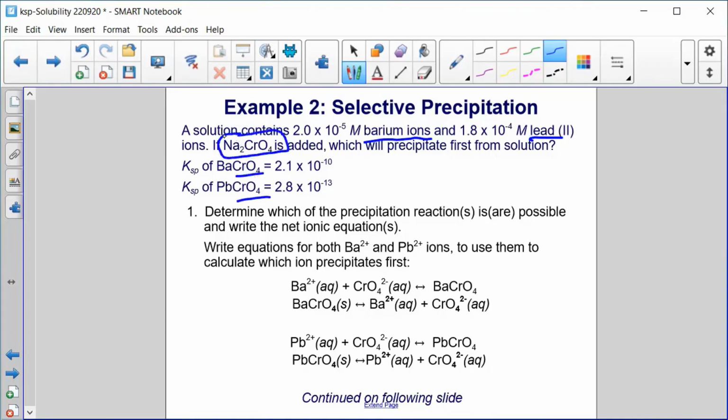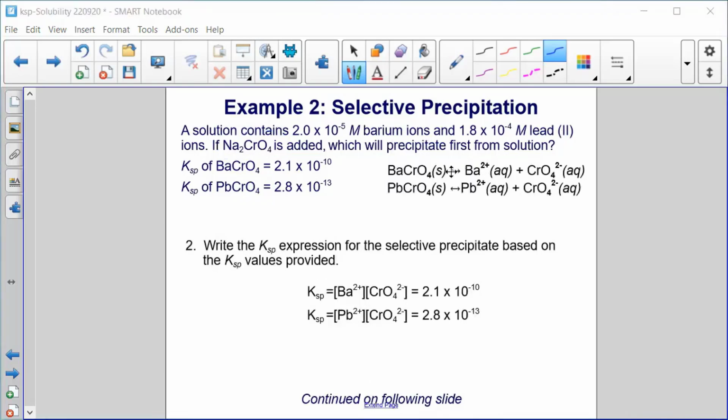Okay, so here's the barium chromate, both the precipitation and dissociation, and the lead chromate, precipitation and dissociation reactions.